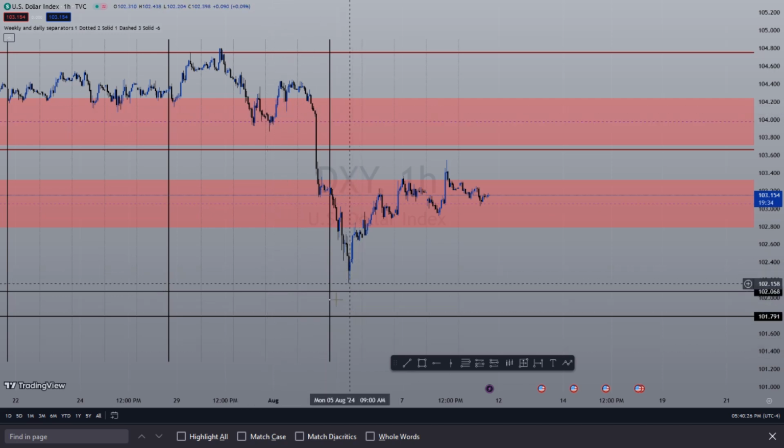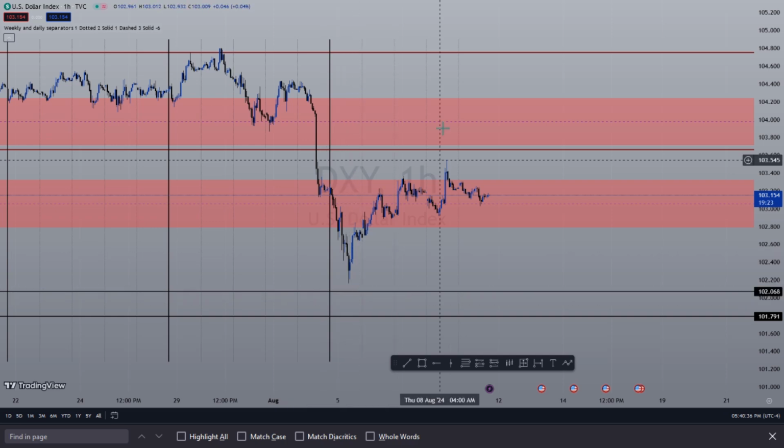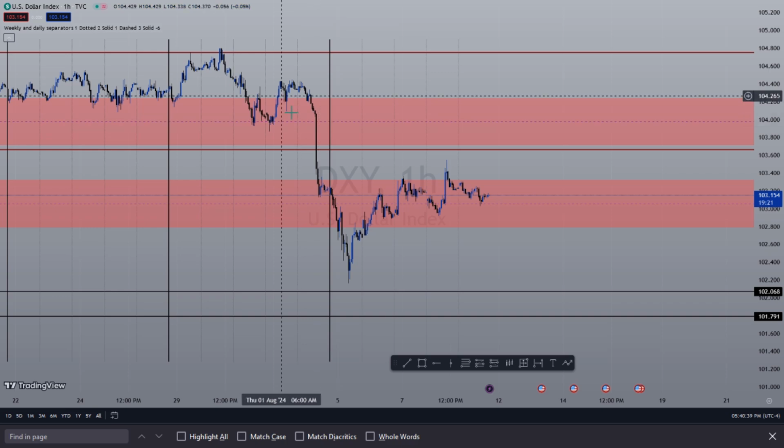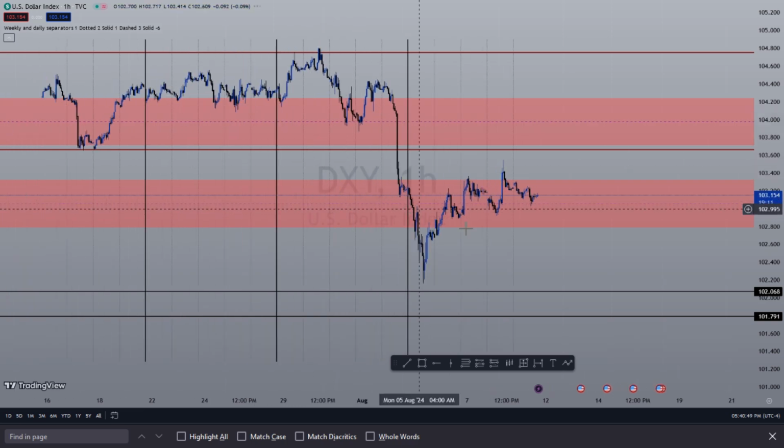That is, if this fair value gap in the weekly time frame will be filled. Remember that fair value gap, if it will be filled, then we'll be anticipating the market to come down here. But we want to see the market reaction in this level, which is the internal range liquidity. So we'll see the reaction of the market in that level. Okay, so that will give us clarity.